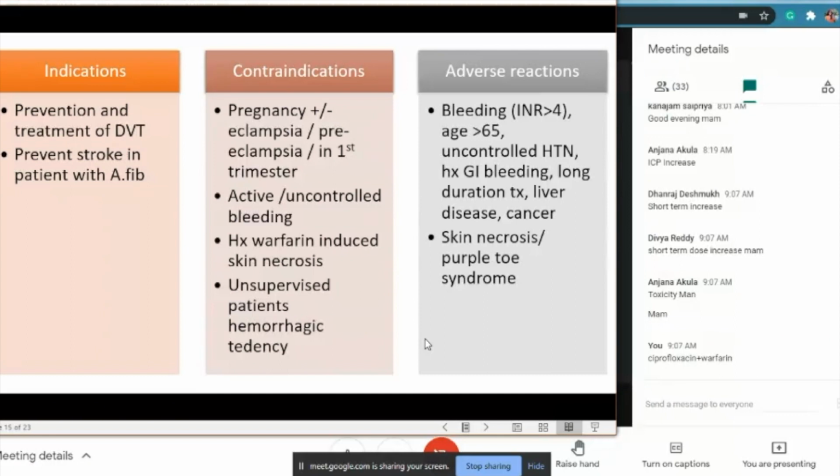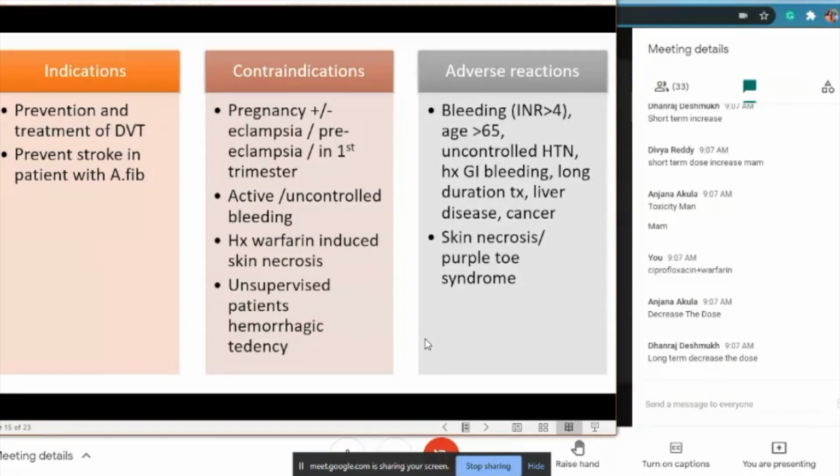Ciprofloxacin increases the effect of warfarin. So what do we do? Decrease the dose. Yes. Do we have to do it long term? Why long term? Why would we give ciprofloxacin for long-term therapy? It's an antibiotic, so it's always short term, right? So it's a short-term dose decrease of warfarin.